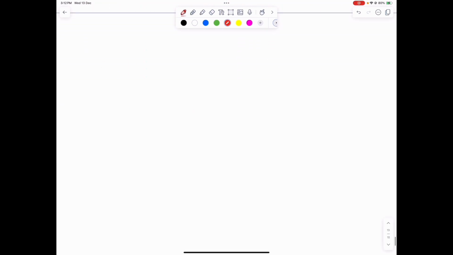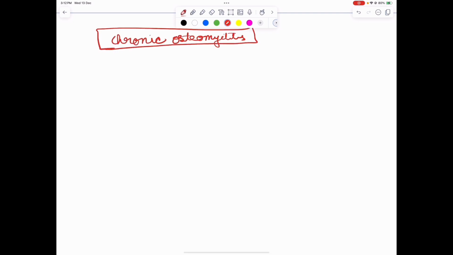Now we come on to chronic osteomyelitis. This is a really important thing. Now in chronic osteomyelitis, you should remember that involucrum would be lucent. How can you remember that? In this, involucrum will be lucent. And sequestrum, remember, sequestrum would be hardened.